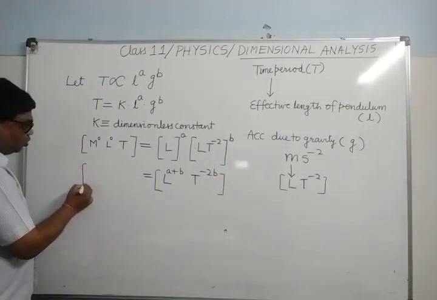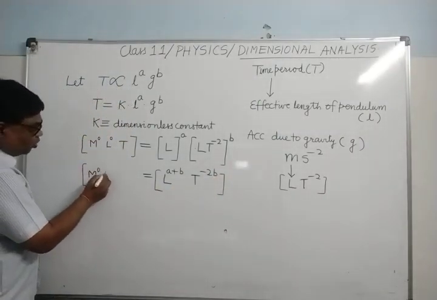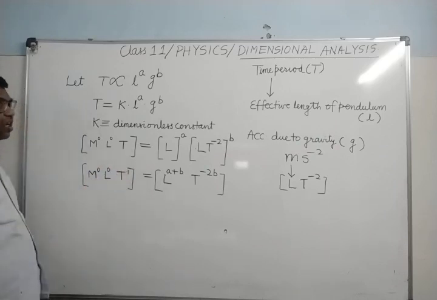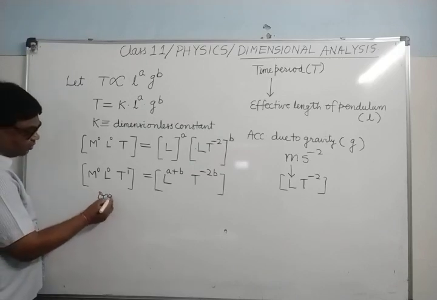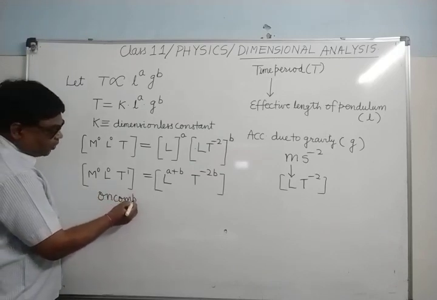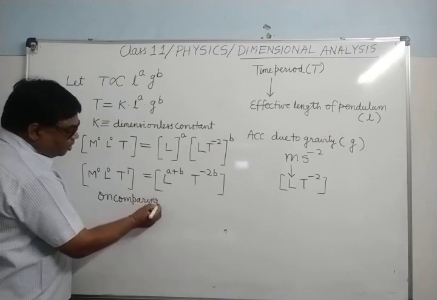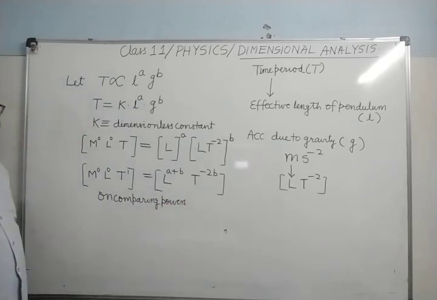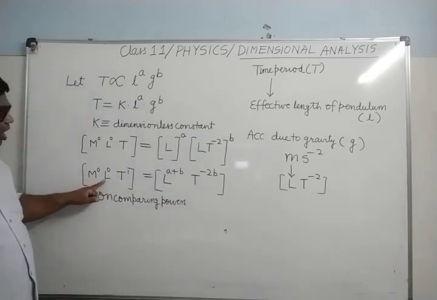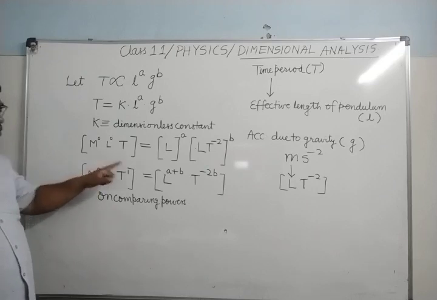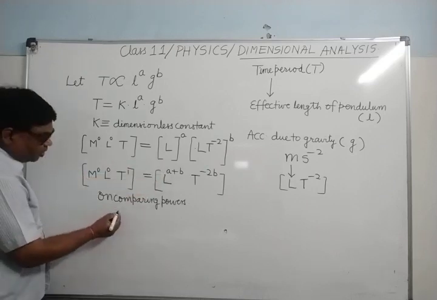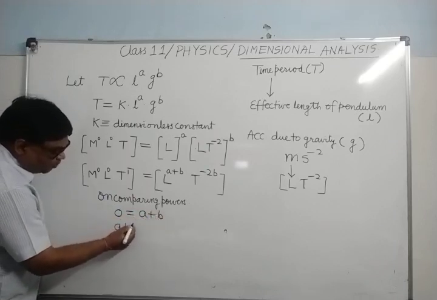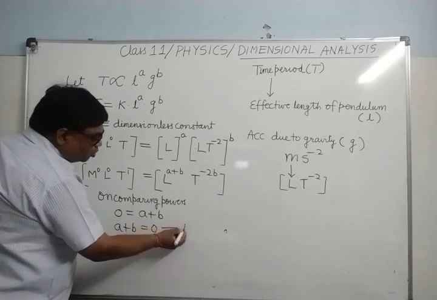This equals M0 L0 T1. Now compare the powers of corresponding terms. On the left, the power of L is 0, on the right it is A plus B, so A plus B equals 0.